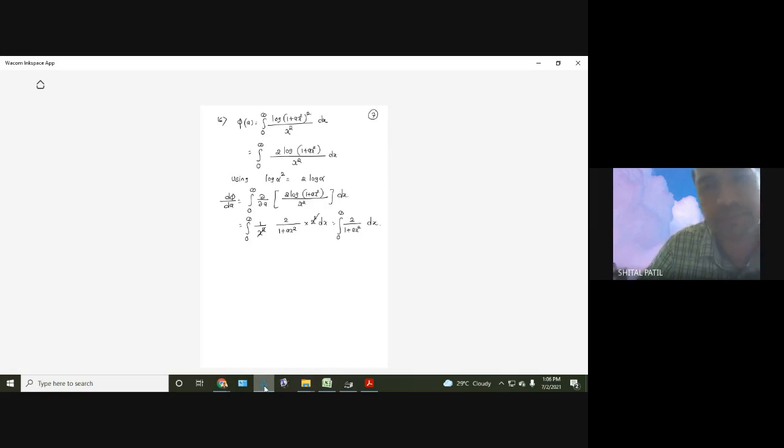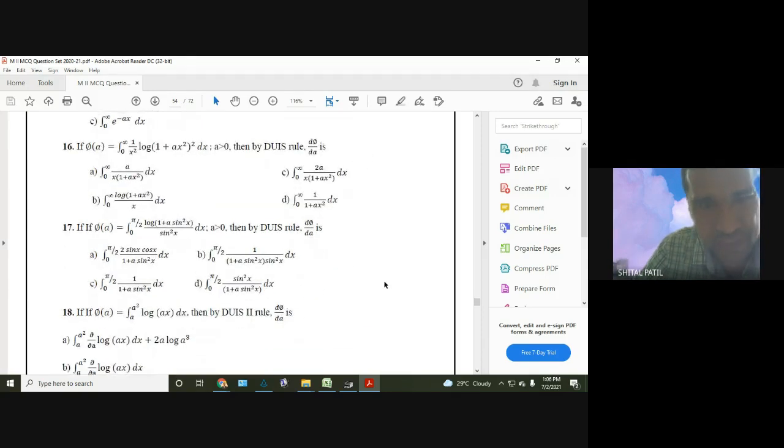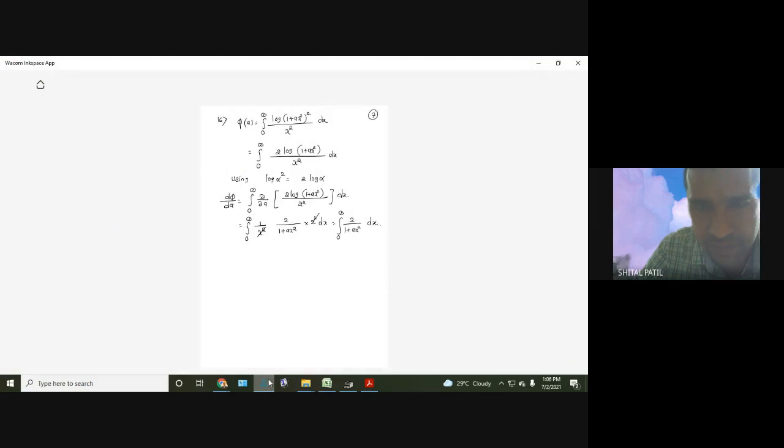This should be the answer: 0 to infinity 2 divided by 1 plus ax square dx. See whether this answer is there. No answer is there. So this 2 might not be there, or maybe it is a printing mistake. But you understand the procedure. That is, I think, more important. Understanding the procedure at this moment is more important. Please understand that.